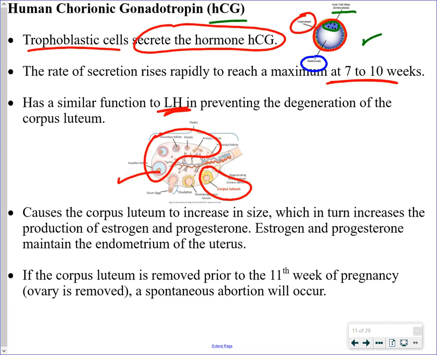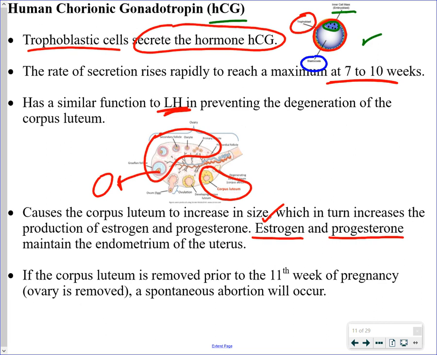Eventually, we have ovulation as the egg is released out of the ovary, and then the remaining follicular cells still inside the ovary are transformed into the corpus luteum. The corpus luteum, hopefully you recall, produces estrogen and progesterone. Prior to the release of the egg, only estrogen is produced by the follicular cells, but both estrogen and progesterone are produced by the corpus luteum.